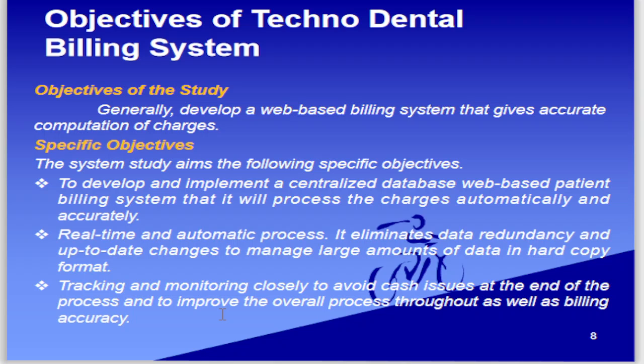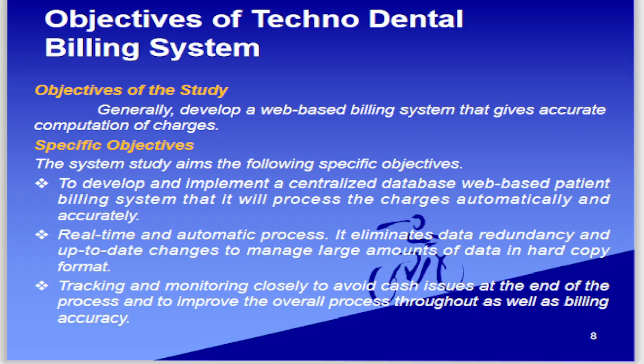It will eliminate data redundancy and provide up-to-date changes, to manage the large amount of data kept in hard copy format. And finally, tracking and monitoring closely to avoid cash issues at the end of the process and improve the overall process as well as the billing accuracy.